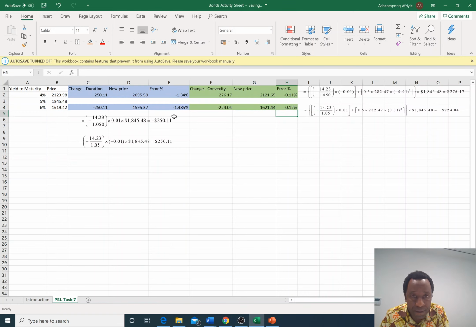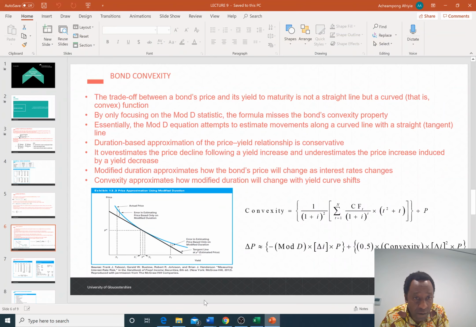So the error that is given by the duration is bigger than the error that is given by the convexity, which kind of proves the fact that the black line and the blue line are not really the same. Even at smaller changes in the yield to maturity, there is a slight difference. And the fact that the convexity captures that curvature gives us a better prediction.